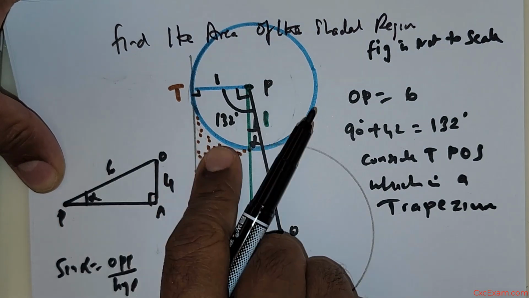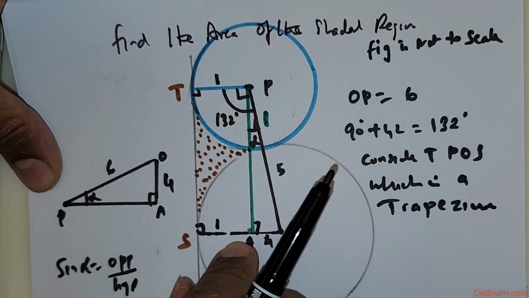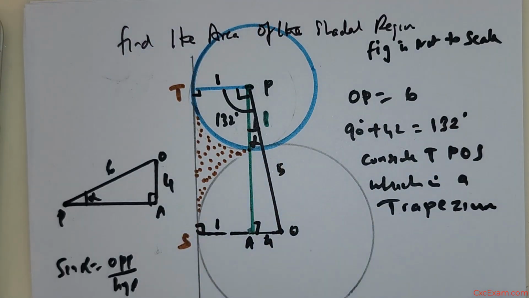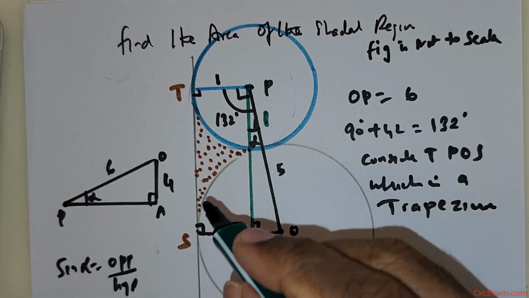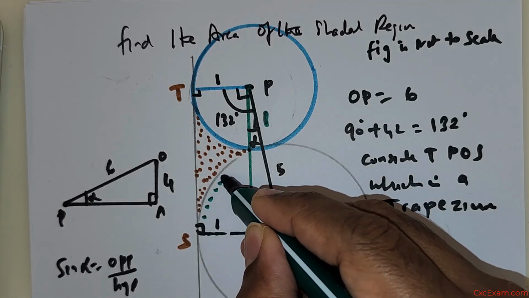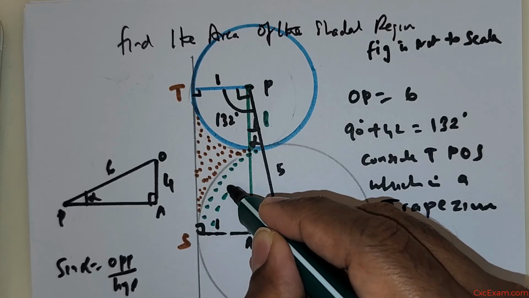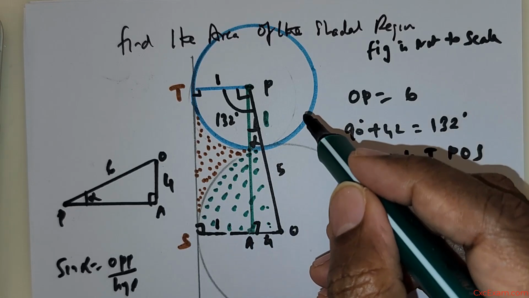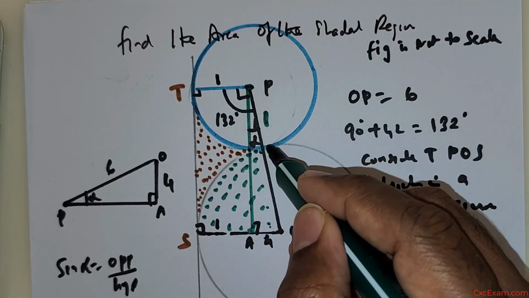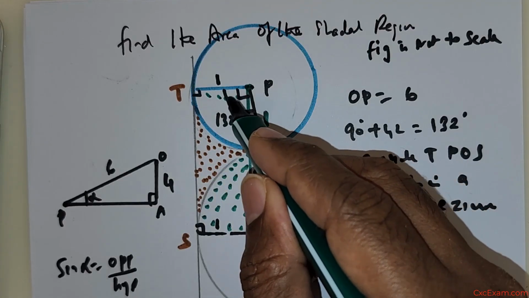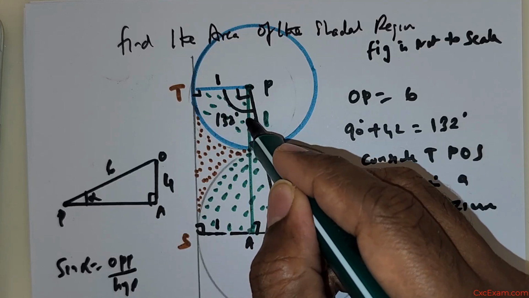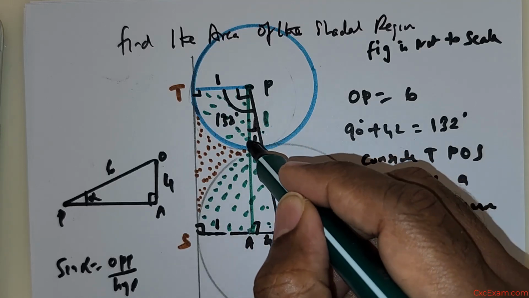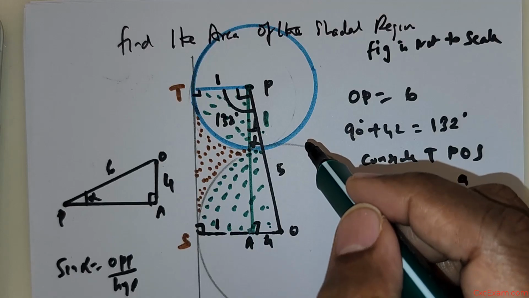Now the required shaded region from the area of the trapezium, I would want to take away the 2 green regions. So this is a green region. From the trapezium I will take away this, and I will take away this region, and then I will take away this region. Okay, so for that I need to get the area of the sector.